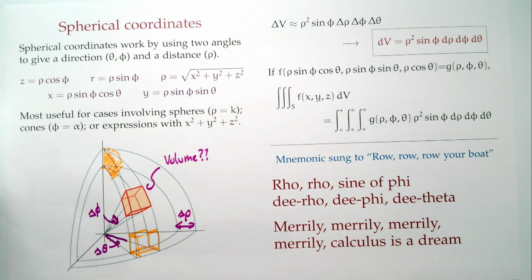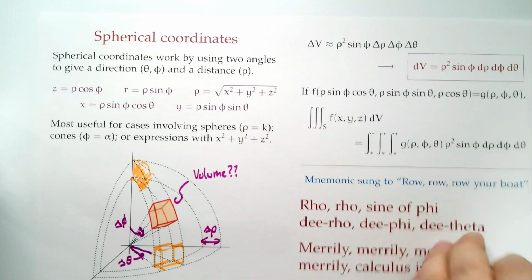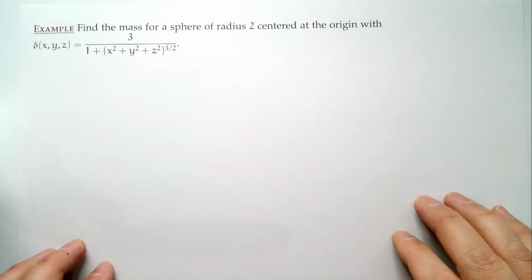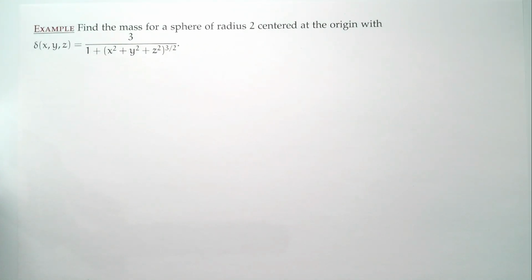Now, the practice. Here we go. Back to our beginning question. Find the mass for a sphere of radius 2, centered at the origin, where the density is the same thing as before: 3 over 1 plus the quantity x squared plus y squared plus z squared to the 3/2 power.